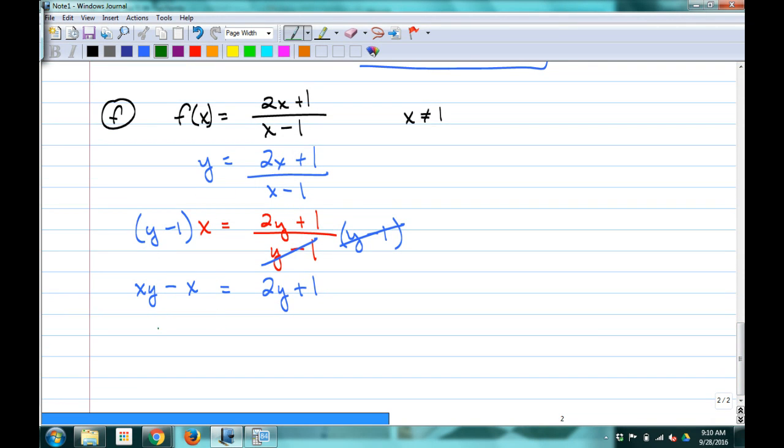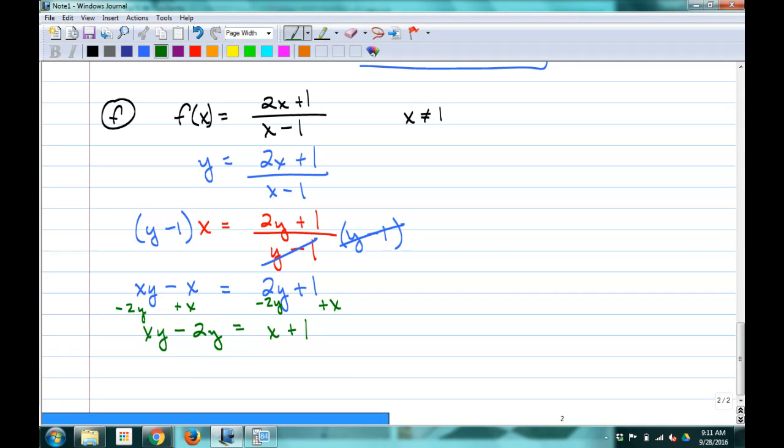So that'll give me xy minus 2y, and then x plus 1. Because if I subtract 2y from both sides, and then add x to both sides, I'll do 2 steps at once there. Just to get the y stuff. Anything that's got a y is on one side. Anything that's got an x only and no y's is on that side.